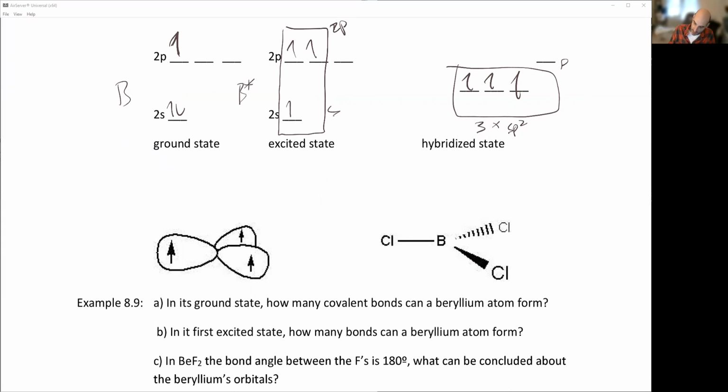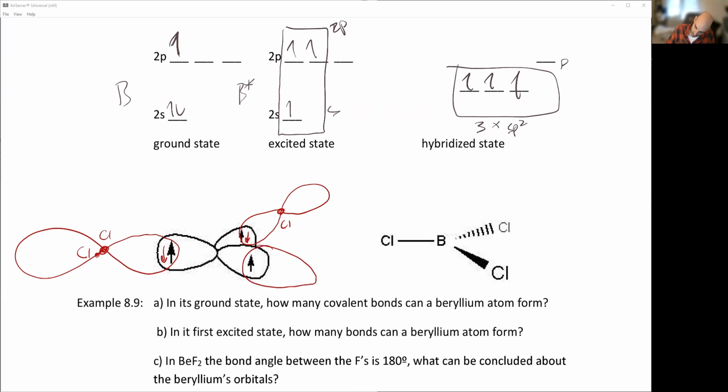And we're going to combine these with chlorines, but remember the chlorines are going to be bonding through their p orbitals. So there we go, spin down. There's another chlorine. Spin down. Spin down. There's my 3rd chlorine to give me BCl3.